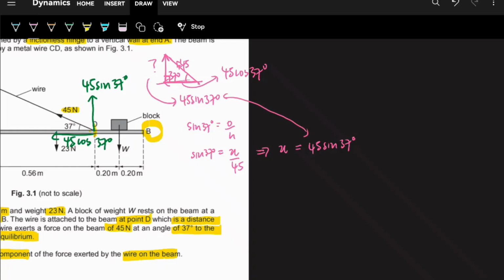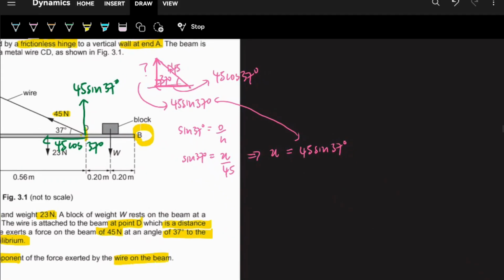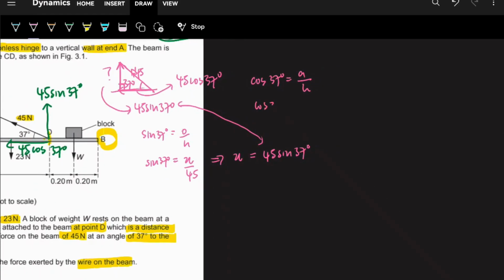This is another approach you can use. Same goes to cos. Cos 37 equals adjacent over hypotenuse. I'm just going to make the adjacent y, for example. Hypotenuse is 45. So your y is 45 cos 37. That is how you calculate.